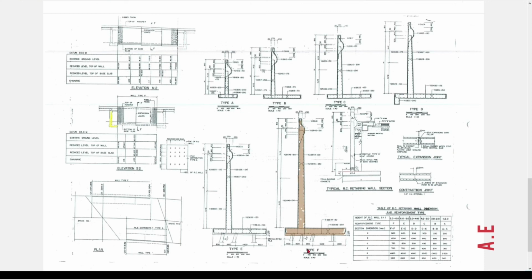Thus 250 millimeter diameter piles were proposed, and you can see the piles are also raked. The front portion of the piles was straight, and the ones at the back are raked to a certain angle. It is about 1:4 from these drawings.